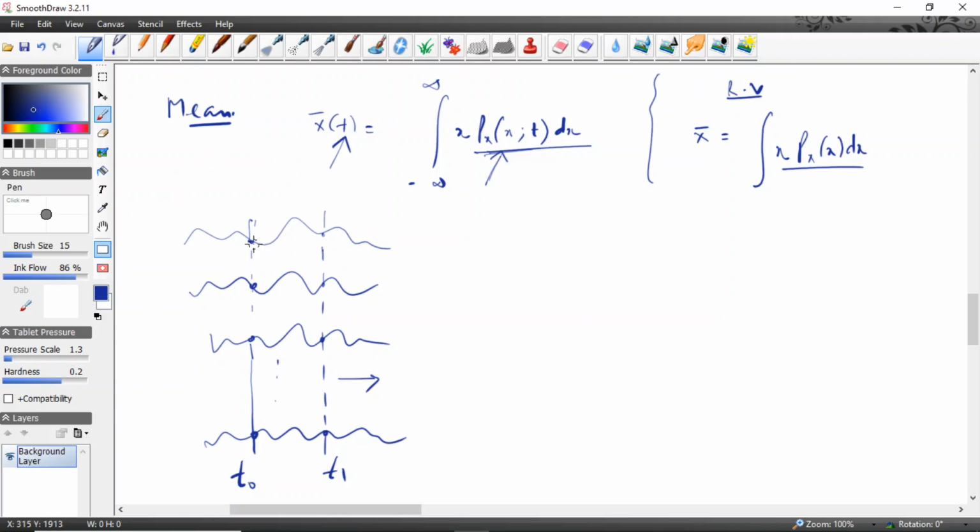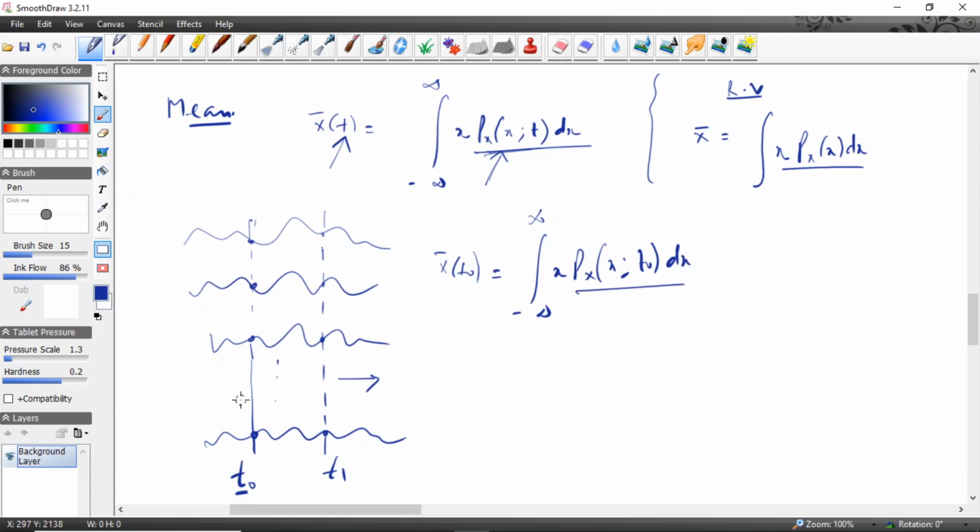So the mean at this time t naught, if I take a particular value t naught in this case, that will be x bar of t naught, which is the integration of x into px of x at t naught dx.